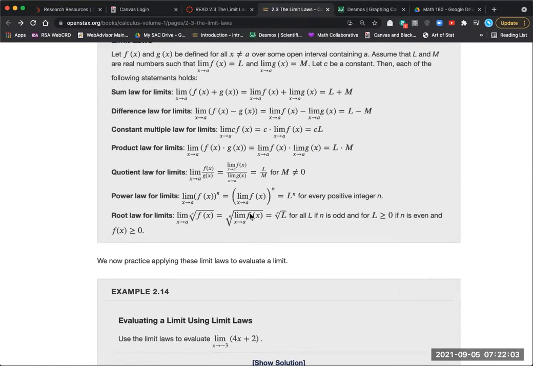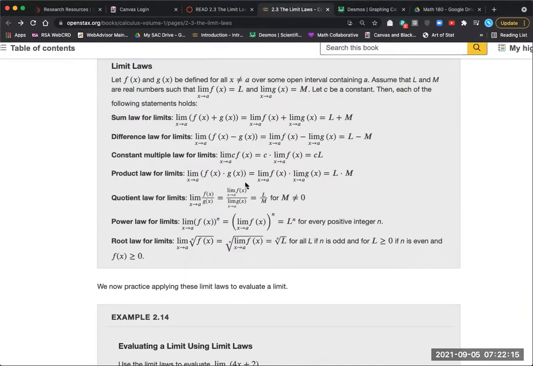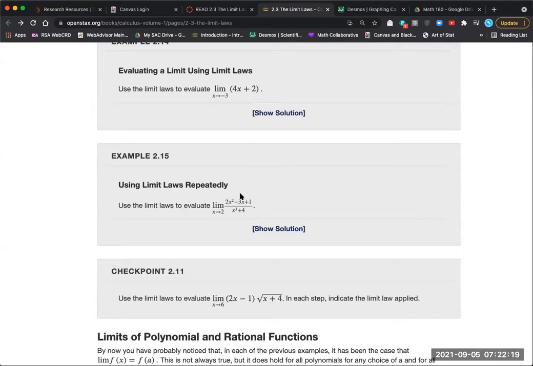And so then we have rules to help us simplify or evaluate limits when they're roots or powers, or when we have a rational function, or a function where you have a quotient, right? Or we have functions multiplying. So when you look at any function like this one here, it's a complex function.